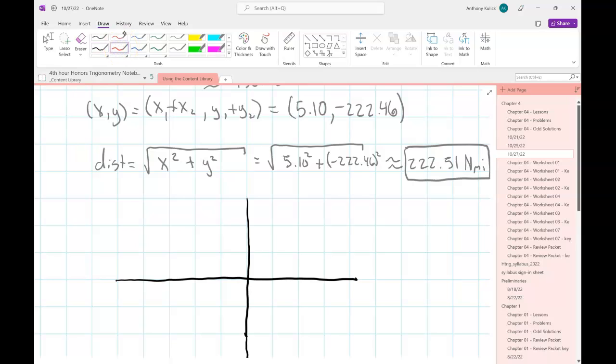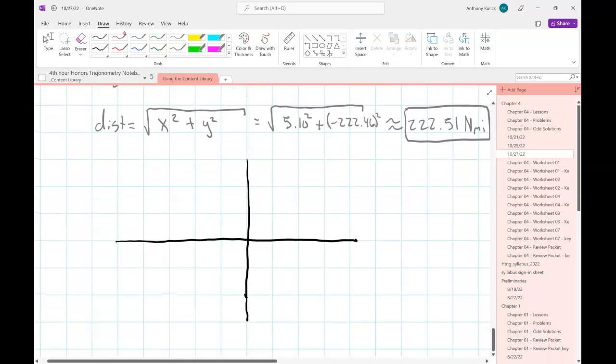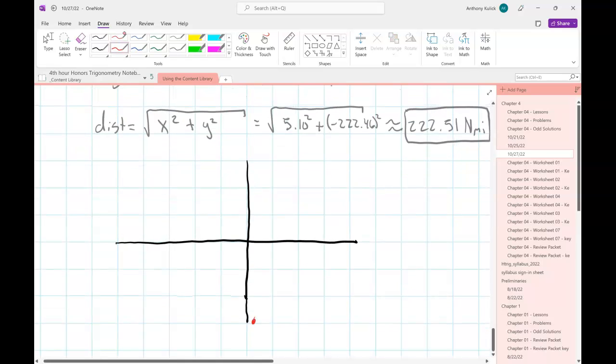So what I'm going to do is plot that point x, y. So it's down here somewhere, right? 5 over and 222 down. Everybody agree there? So to get my bearing, I want that angle. Everybody agree?